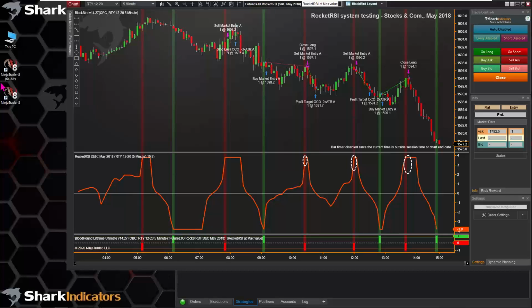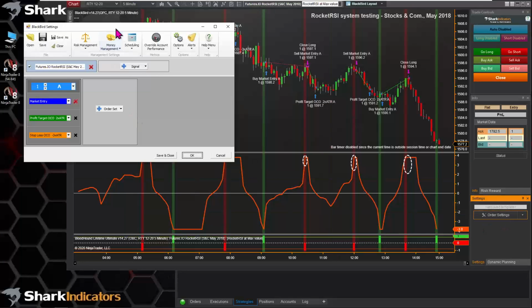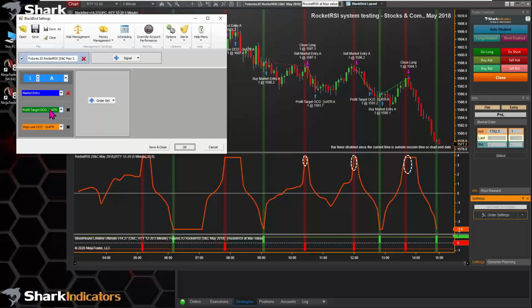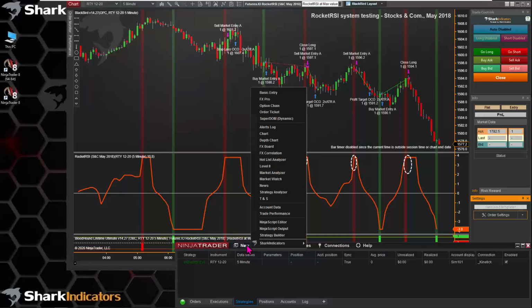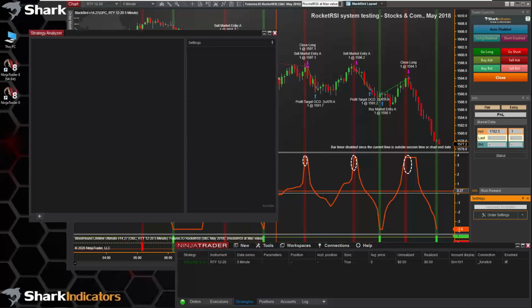I'll say just a quick comment about the strategy analyzer and the optimizer in NinjaTrader. That's something we are going to be looking into supporting. But as you can imagine, with software like Bloodhound and Blackbird, there are many configurable parameters that you can choose to have optimized.